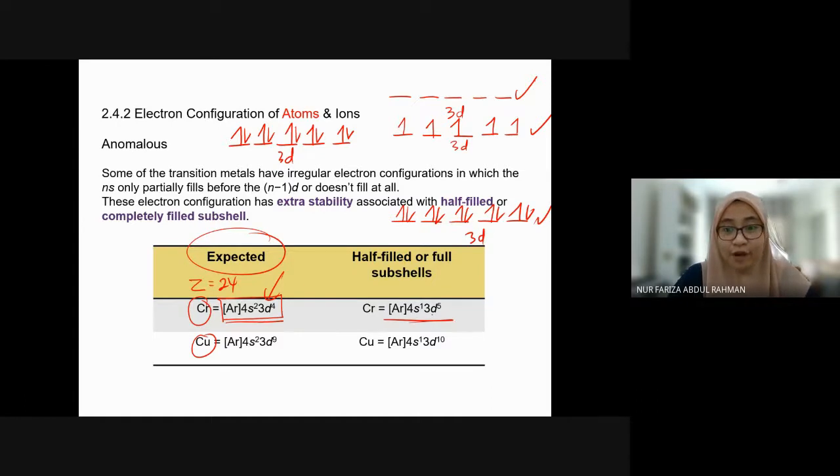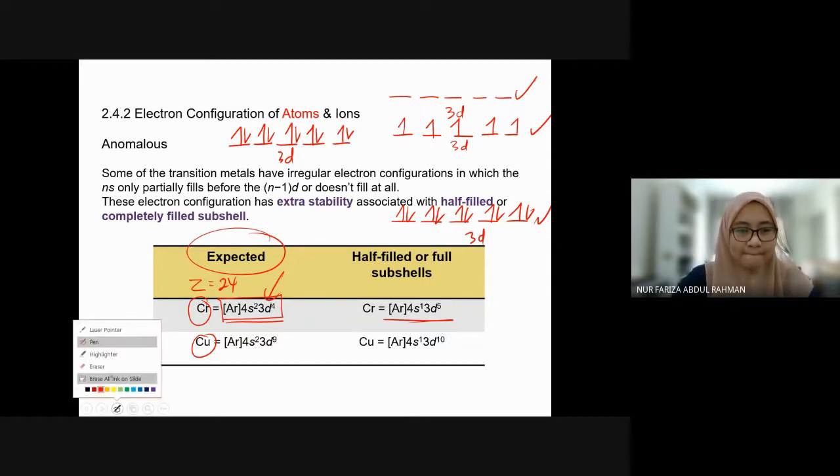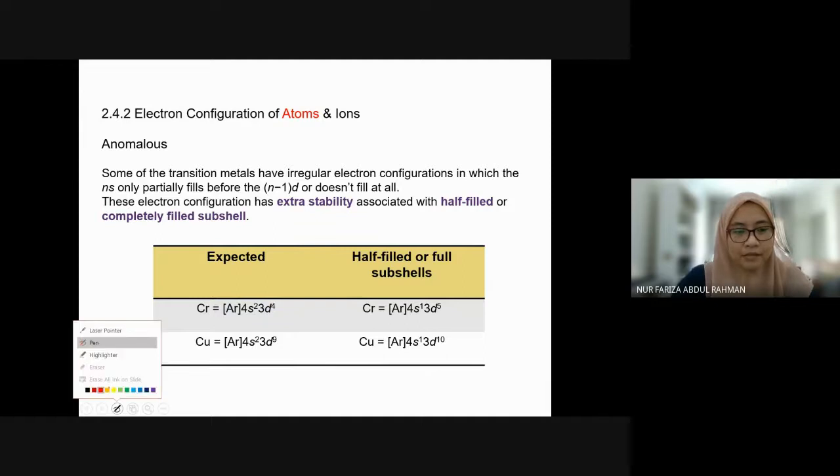Again, why 4s1, 3d5? Because with 3d4, initially it looks like this, if I want to show where. This is 4s, 3d4. This is the expected one. 1, 2, 3, 4, 5. 1, 2, 1, 2, 3, 4.